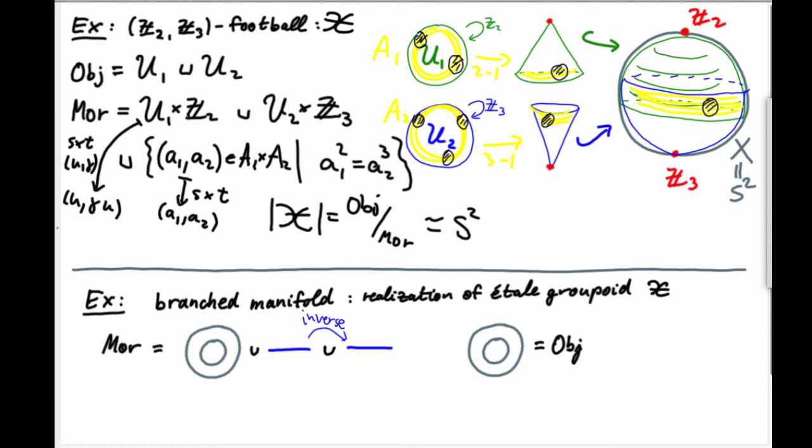Sorry, this is quite obviously a local diffeo here, but with composition of morphisms and things, I just sort of want to get to fundamental domains on which the action is free. Good. So that's an example of a proper étale groupoid.